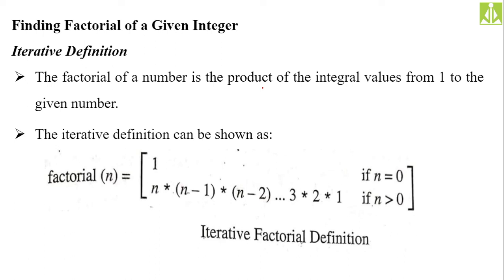So, finding the factorial. We have seen two things: how the repetition process through loops can enter into infinity, and what we have to do to stop that infinite repetition. Simply, we need to make a proper termination condition so that the loop will be terminated.